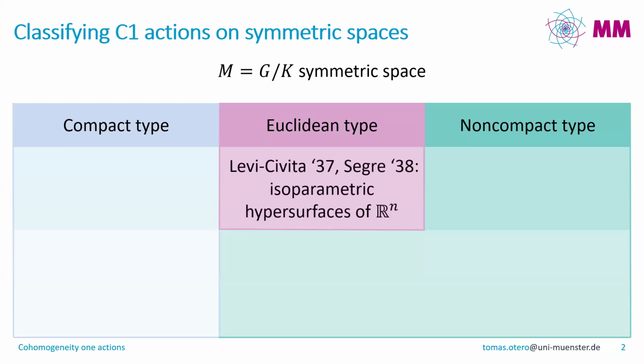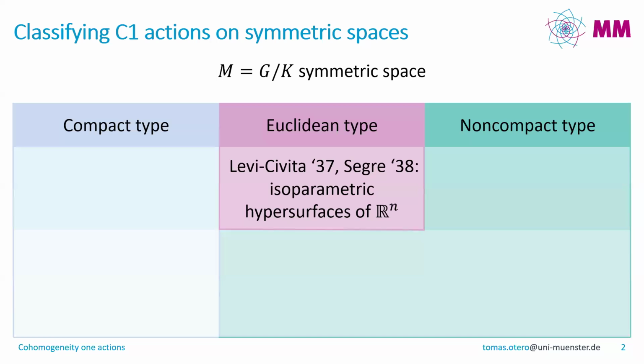The first, arguably, classification of cohomogeneity-one actions on a symmetric space can be attributed to the classical work of Levi-Civita and Segre on isoparametric hypersurfaces of Euclidean spaces. Namely, they showed that an isoparametric hypersurface of R^n is either a hyperplane, a sphere, or a generalized cylinder, and these all arise as orbits of isometric actions.